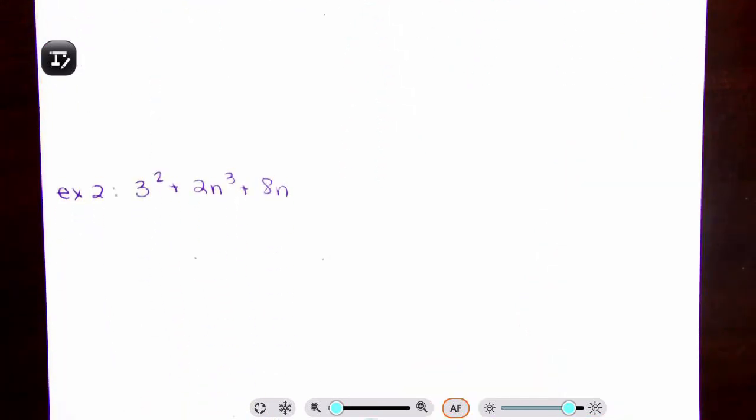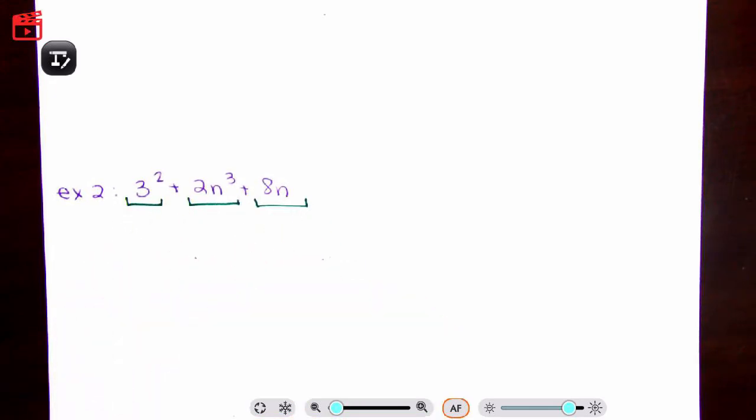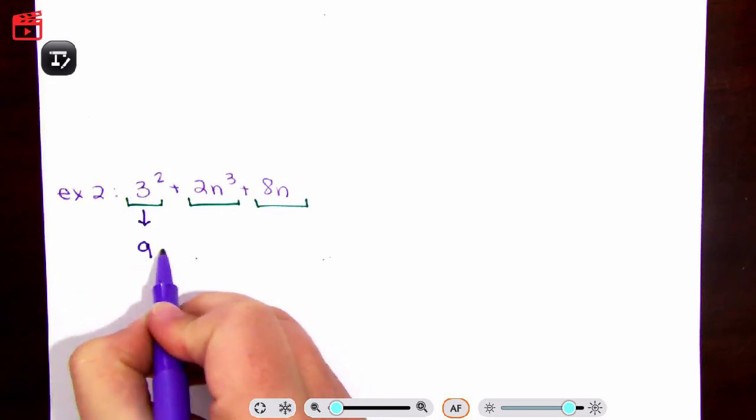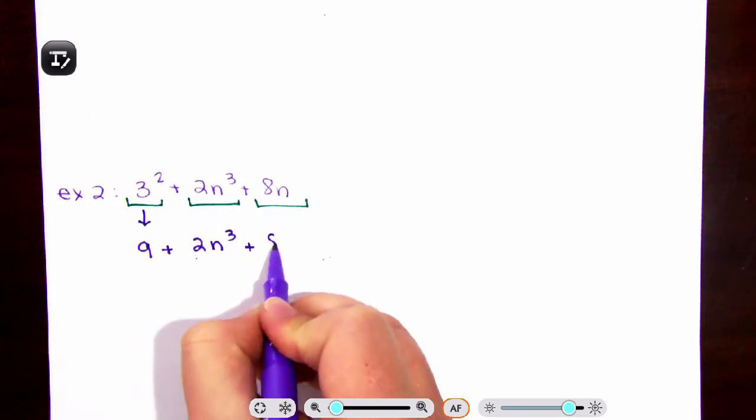Let's do one more here. We have a polynomial because we have 3 terms, so more than 2. 3 is a number, so 3 squared, that's the same thing as saying 9. I don't have an exponent on 2 here, and I don't have an exponent on 8.